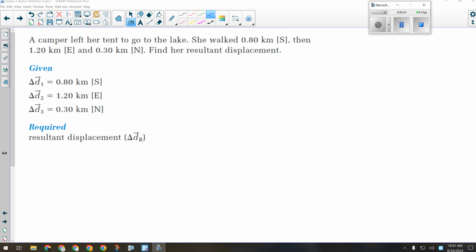Okay, good. I'm just going to draw the diagram just in case anybody's kind of stuck on getting started on this one. So the camper left her tent to go to the lake. She walked 0.8 kilometers south, then 1.2 kilometers east, and then 0.3 kilometers north. So what she did is going to look like this.